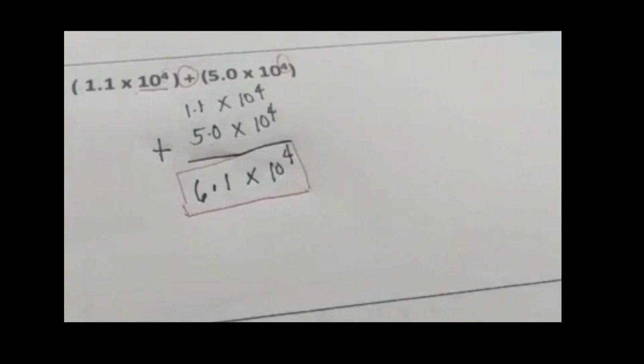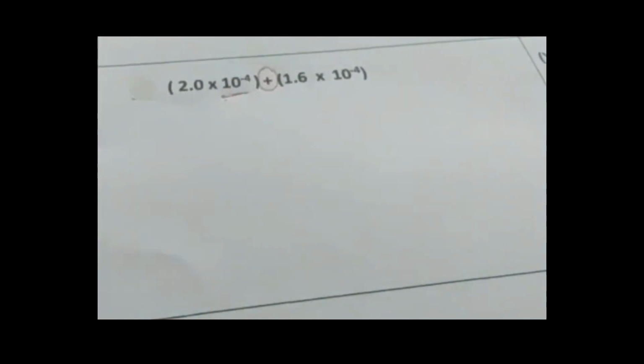For example number 3, 2.0 times 10 to the power of negative 4 plus 1.6 times 10 to the power of negative 4. So our operation here is addition. And take note that our second factors, we have here 10 to the power of negative 4, and the second factor here is 10 to the power of negative 4.